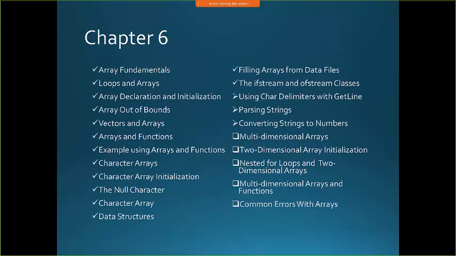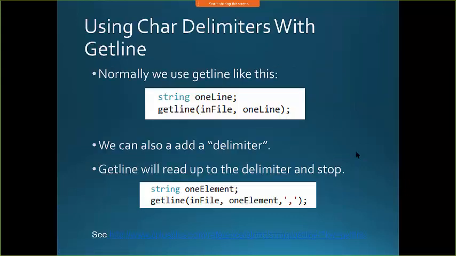So I'm going to go through this presentation, which talks about using character delimiters with getline and how to parse strings. So what we did is we did a getline and we put in our file name, and then if we do this top one, what do we get?